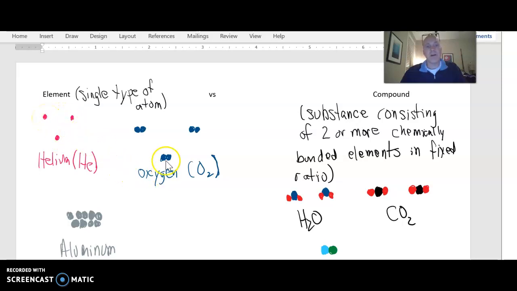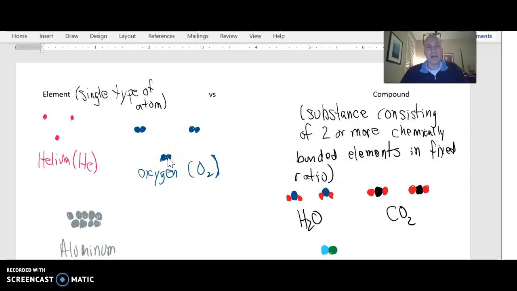All right, another example would be pure oxygen. The difference is that even though oxygen is a gas, which means that these particles are spread out from each other, an individual unit of oxygen is actually a pair of oxygen atoms. That's why oxygen's formula is O2, because in its elemental form it exists as two atoms which are bound to each other.